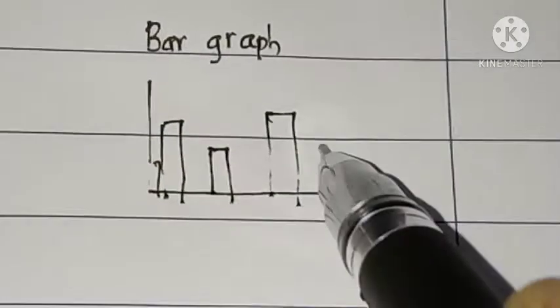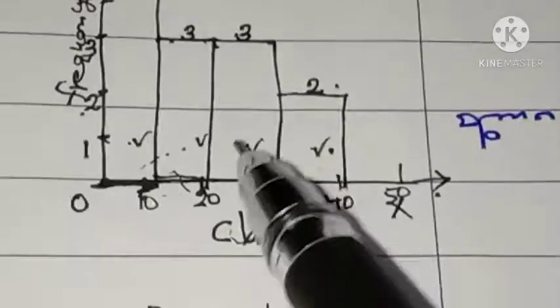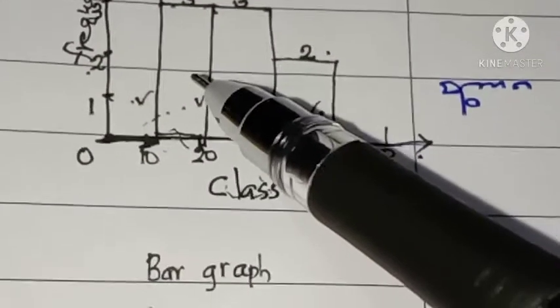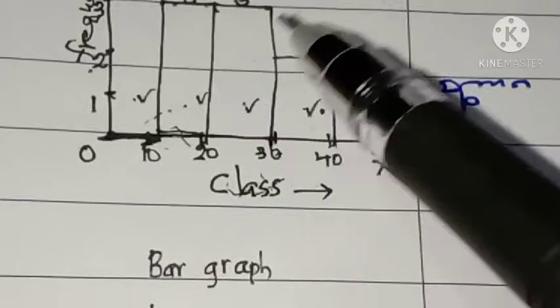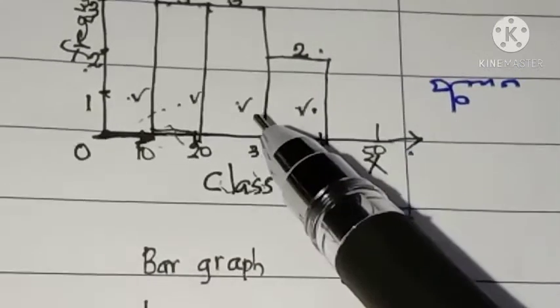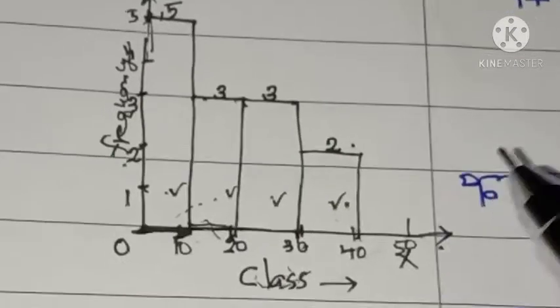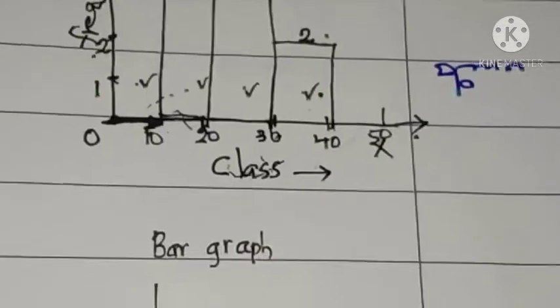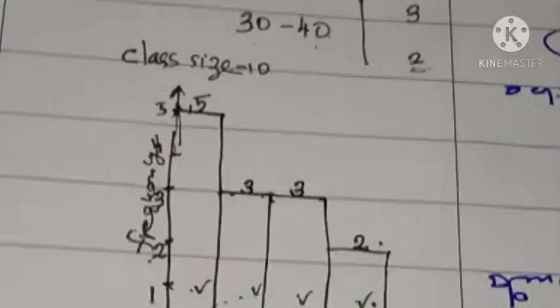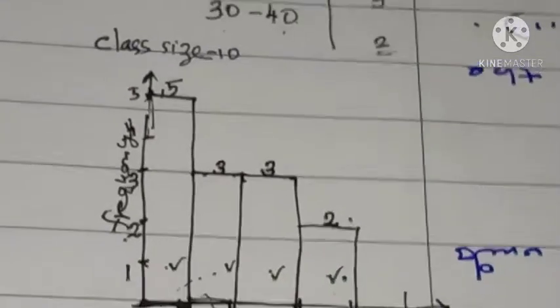This is the bar graph. So this is the main difference between a bar graph and a histogram. In a histogram, rectangles are arranged very close to each other, with no space in between. We will see some more examples of how to draw a histogram of the given data.